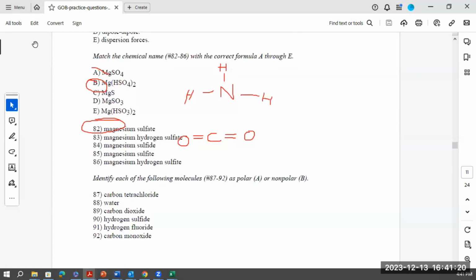Okay, let's see if we can match it. Match the names. Okay, the first, I almost said it again. A. A is 82. Which one is 82? Magnesium sulfate. A. Okay. Which one is 83?